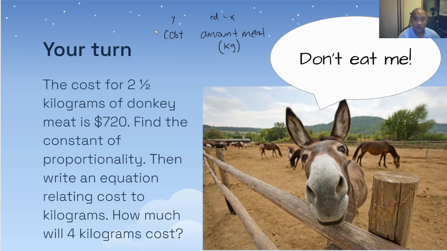So the cost is $720, and the amount of donkey meat we get for that is 2.5 kilograms. So if we take $720 and we divide by 2.5, then we get our constant of proportionality, right?